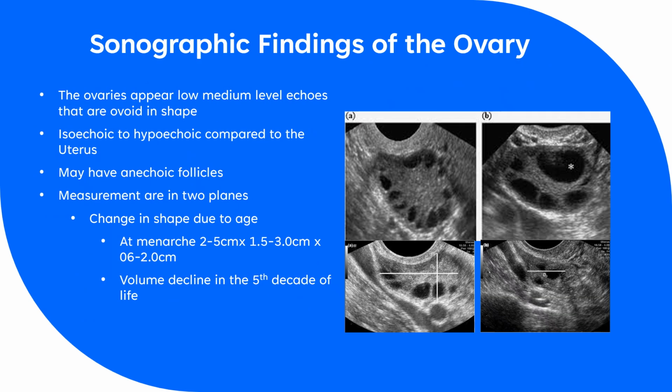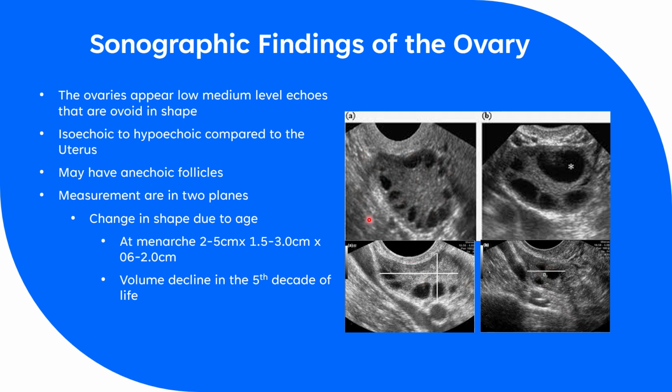Sonographically, we are going to be looking for medium low-level echoes with an ovoid shape with our follicles present in it. It kind of looks like a chocolate chip cookie if you're thinking about it. We have different sized chips and they're going to be spread throughout it no matter how you look at it.